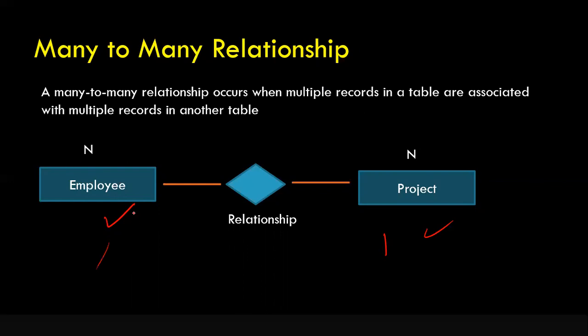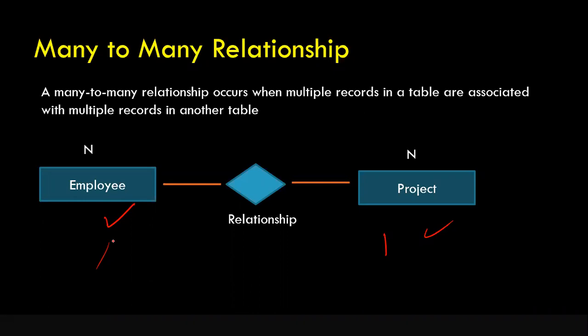Put another way, an employee can work on more than one project, and each project can have multiple employees. This is a simple example of a many-to-many relationship.